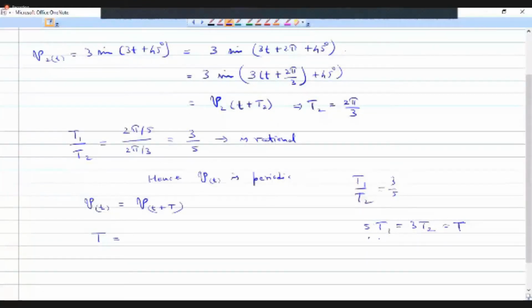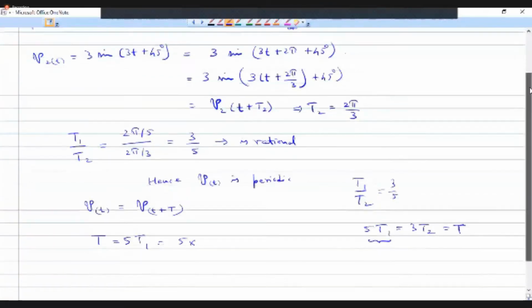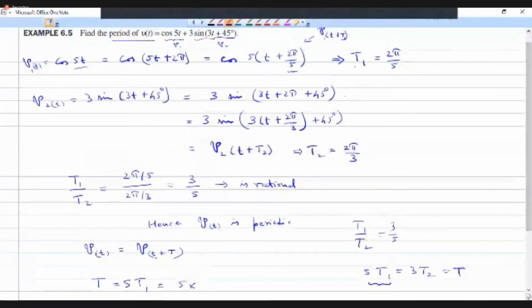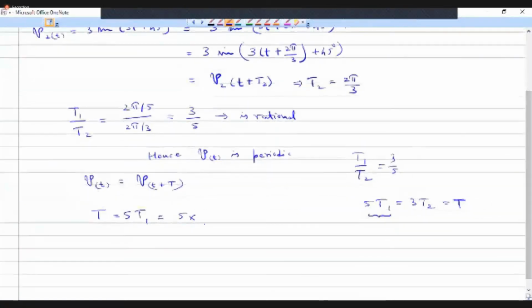So the time period of the new voltage V of t is 5 times t1. So that is 5 into what is t1? The time period of the first signal. So what is the time period of the first signal? It is 2 pi by 5, right? So that is equal to 2 pi.